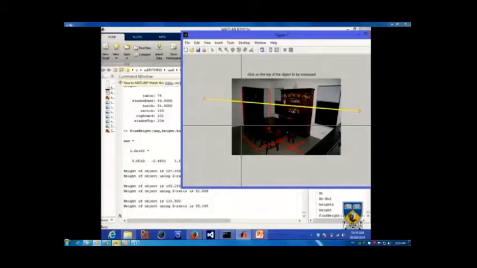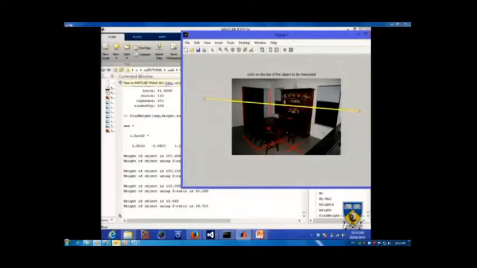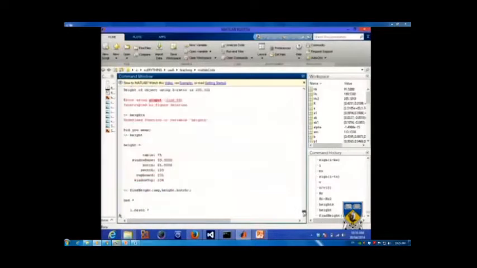It's a low resolution image, but it's getting fairly reasonable results. This is the table, 65, and how much was the table up there? 75.